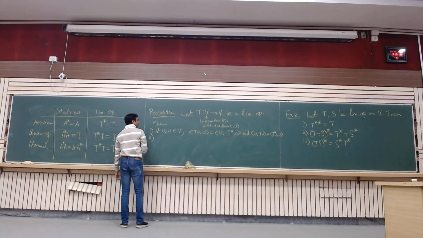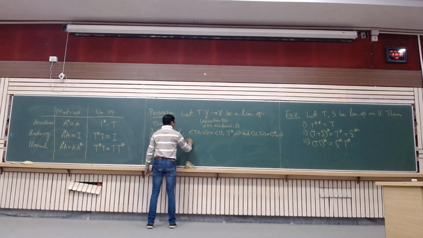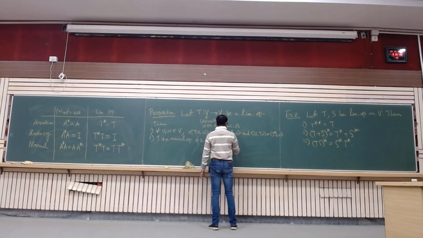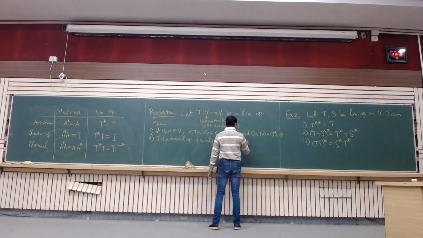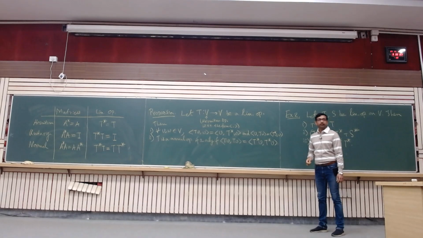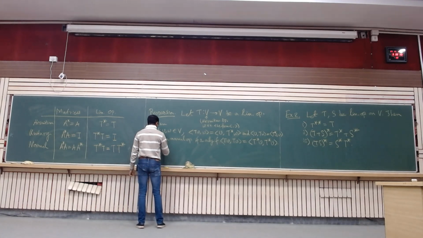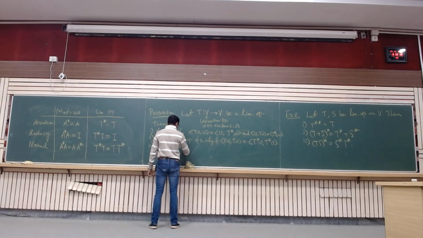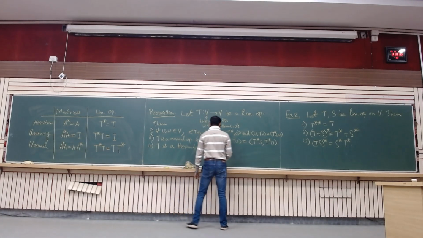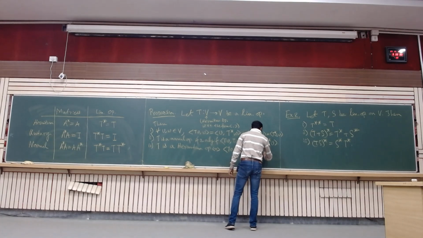The second one is that T is a normal operator if and only if the norm of TV is equal to the norm of T star V. The third one, T is a Hermitian operator if and only if TV W is equal to V TW.